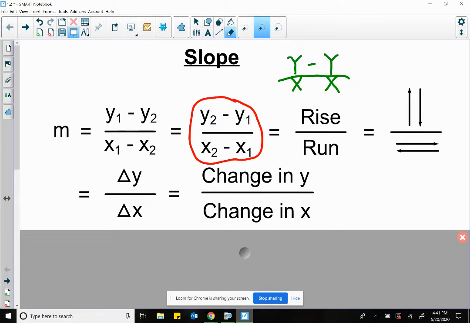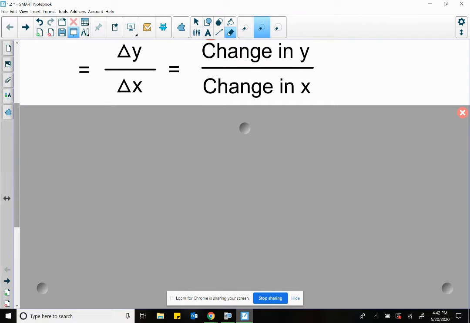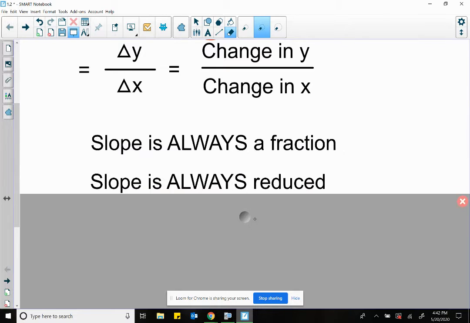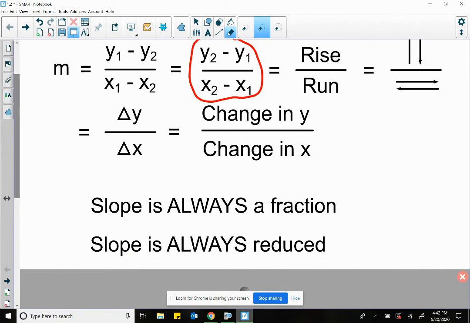Okay? Now some other things. There are different types of slopes. There are actually 4 different types of slopes. Oh, just last thing about these. Because these are written as fractions, it's important that you always know that slope is always a fraction, even when we have just a number for the slope.